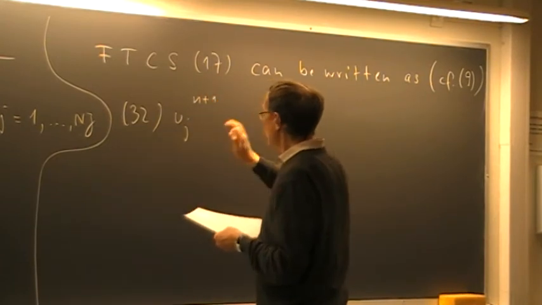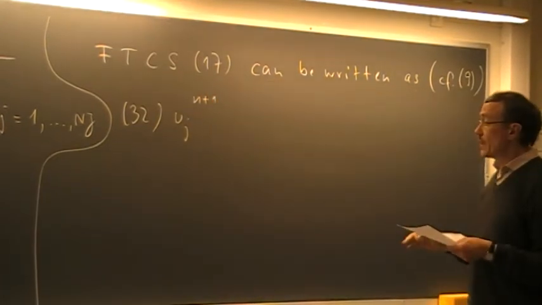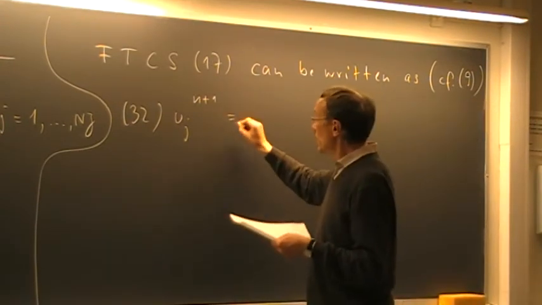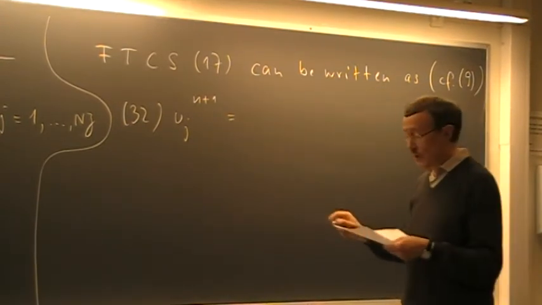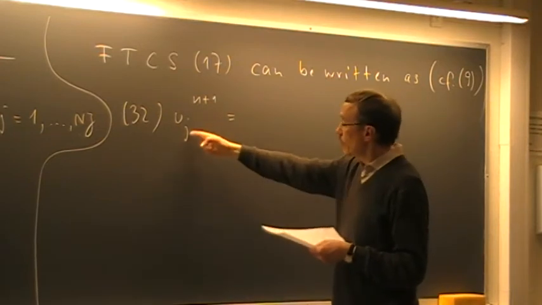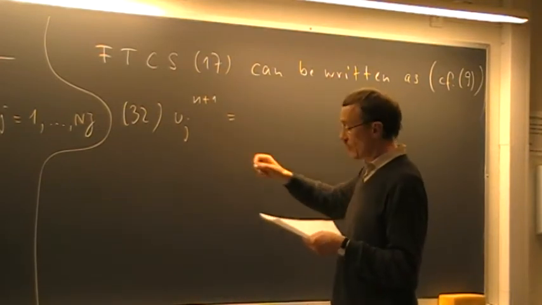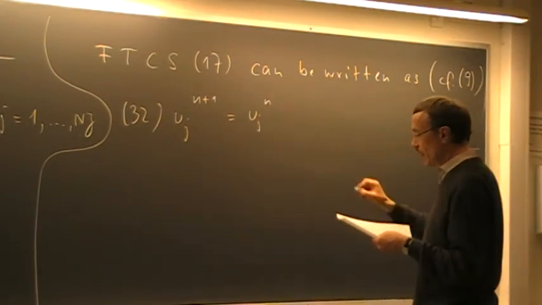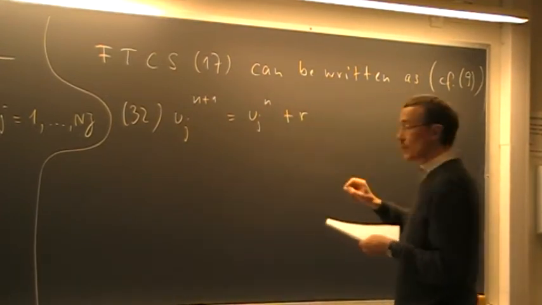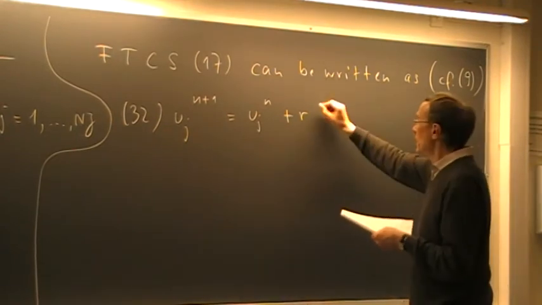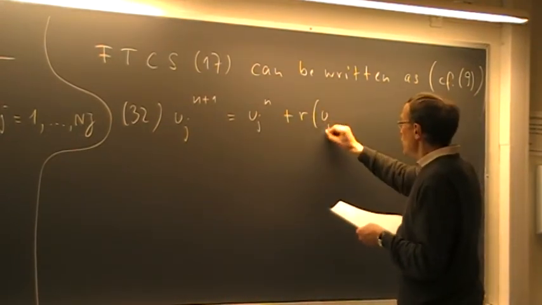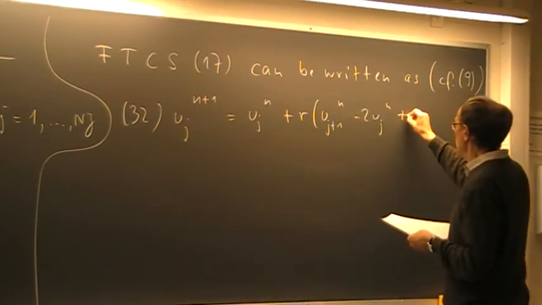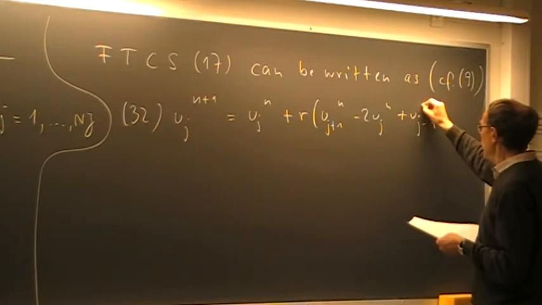So now we look at the forward time-centered space scheme, just as we had derived it originally when we started with the equations. The value at grid point xj, new time level, is equal to the approximation at the old time level plus r, which is our stability parameter, times uj plus 1 n minus 2 ujn plus uj minus 1 n.